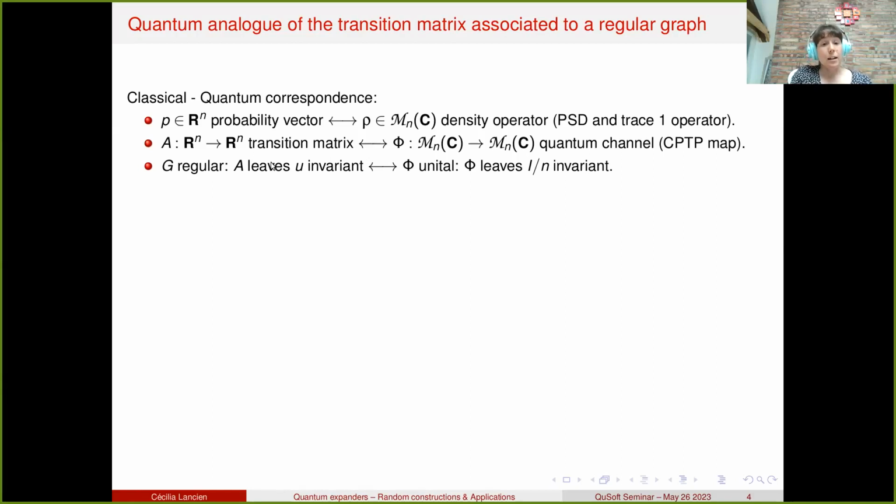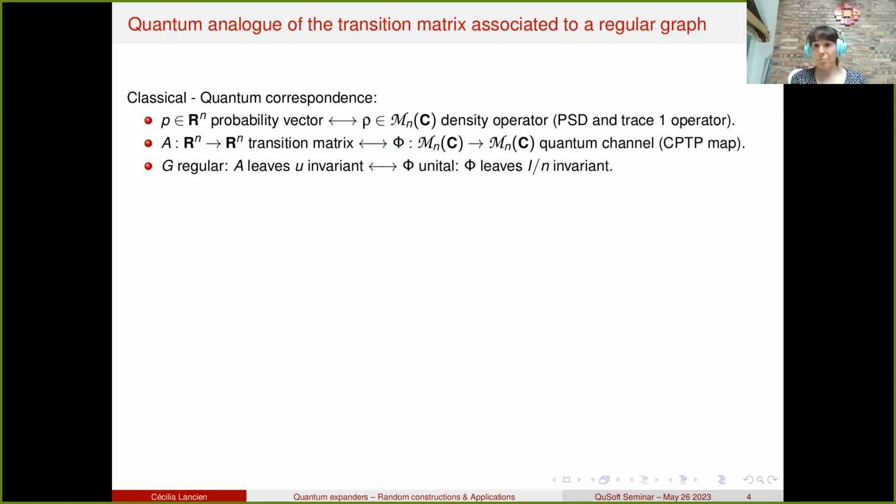Finally, classically, we looked at graphs G that were regular, which at the level of the transition matrix A meant that they left the uniform probability vector invariant. For our quantum channel phi, the equivalent property is that it leaves the maximally mixed state, the identity over n, invariant, meaning that our quantum channel is unital.